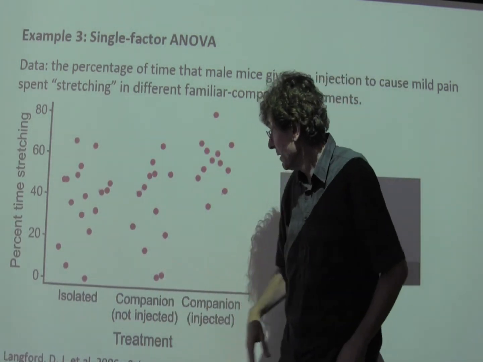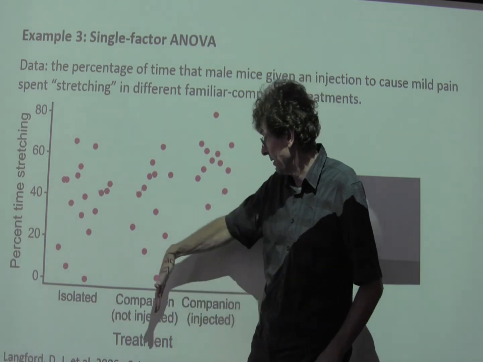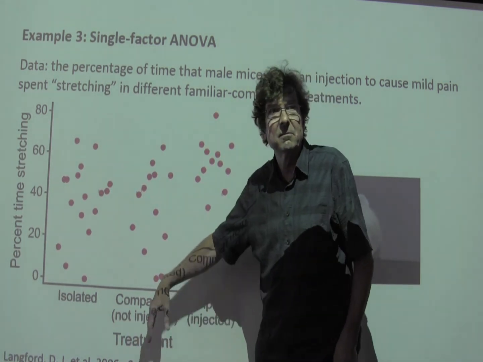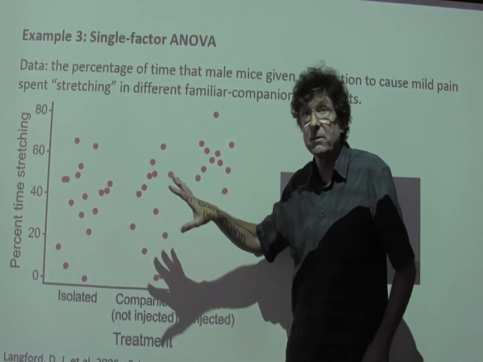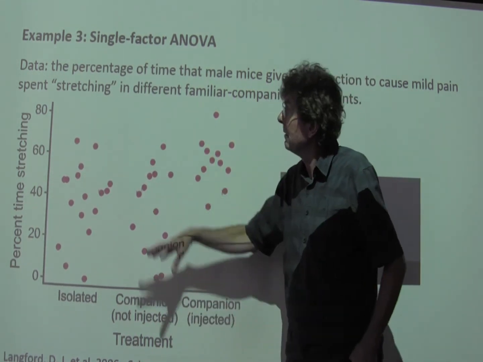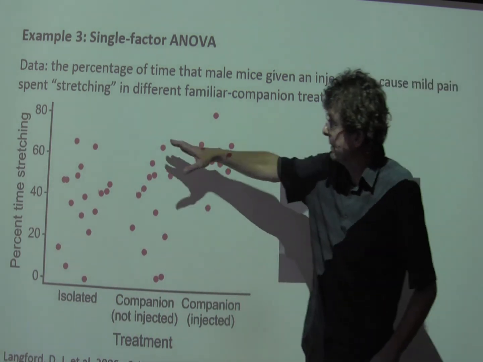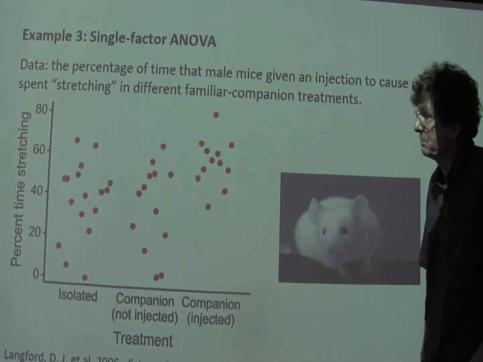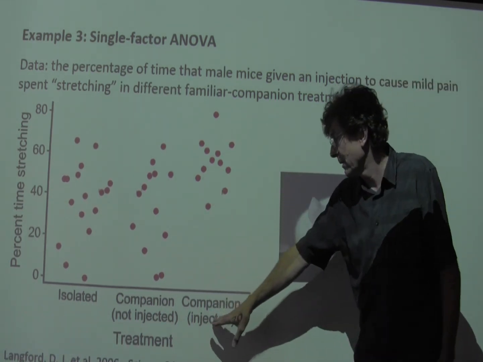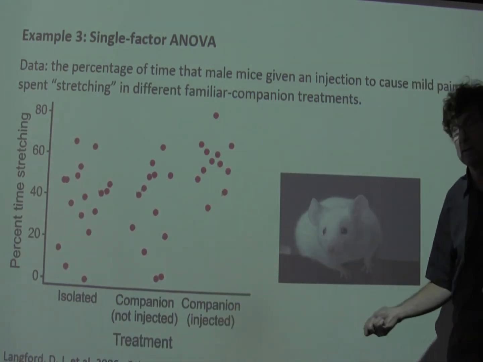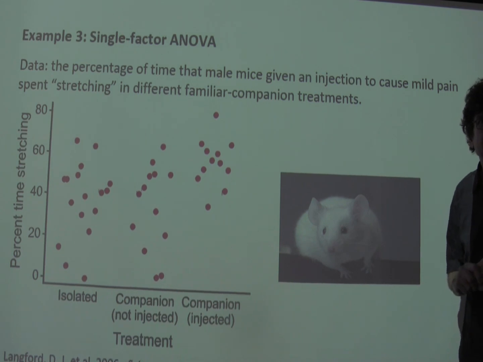The second treatment put the mouse together with a second mouse. And here again, each of these dots refers to a different mouse, and the value on the y-axis is the amount of time that the mouse spent stretching. These data come from a third treatment in which the companion mouse was also injected. Now they both start stretching even more.